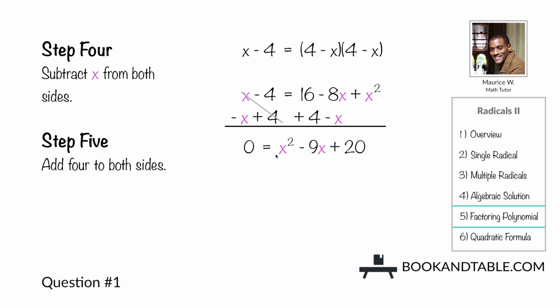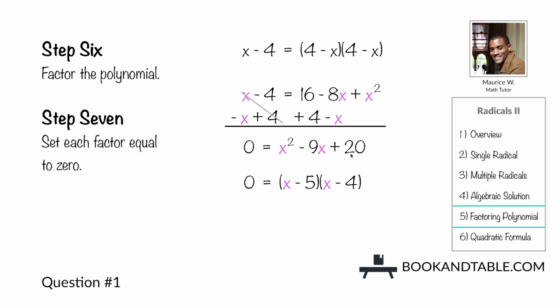Our coefficient of x squared is 1. So we want to consider the factors of 20 and see if any of them have a sum of negative 9. And those factors would be negative 5 and negative 4. So step 6, when we factor the polynomial, we get x minus 5 times x minus 4. Negative 5 times negative 4 is positive 20.